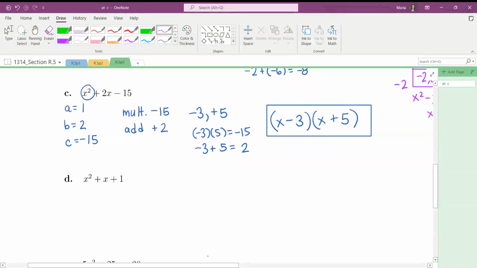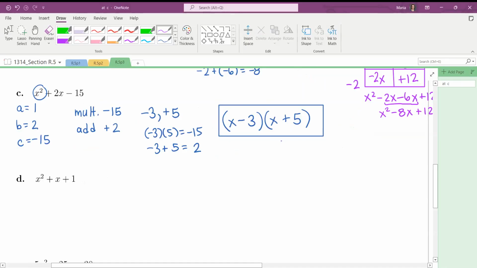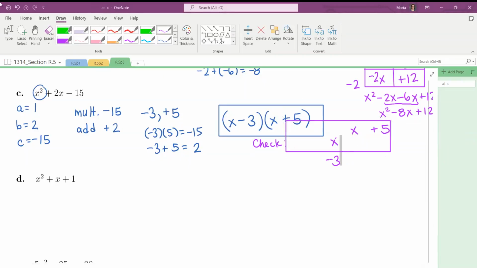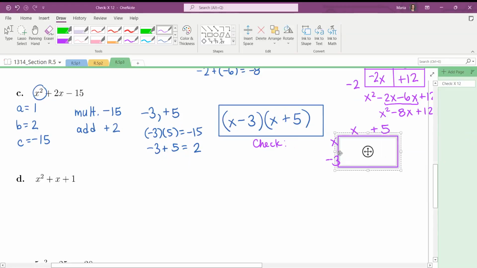I'm going to quickly check myself by using the box method. So here I'm going to do an x minus 3 times an x plus 5. Set up my boxes. Let me try that again. My pen is going crazy.